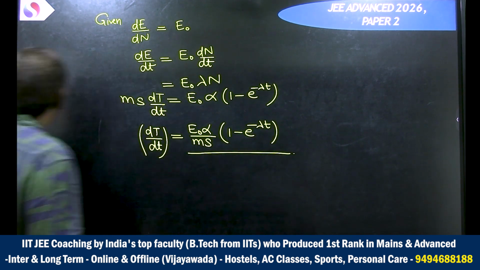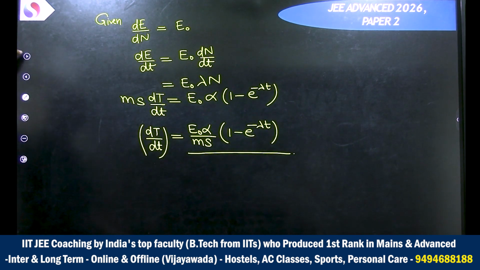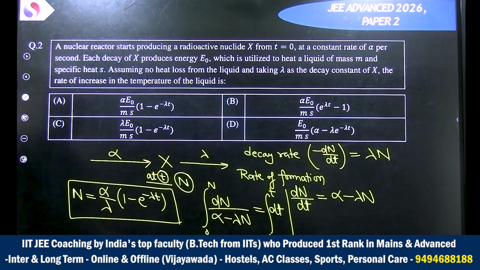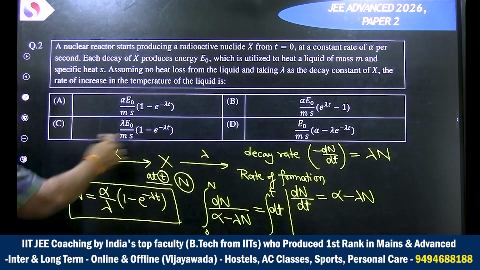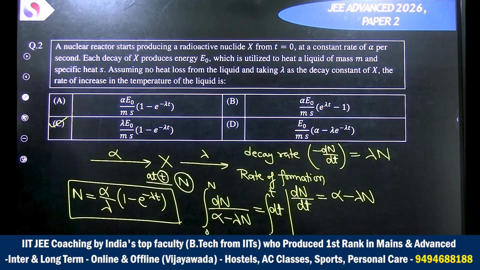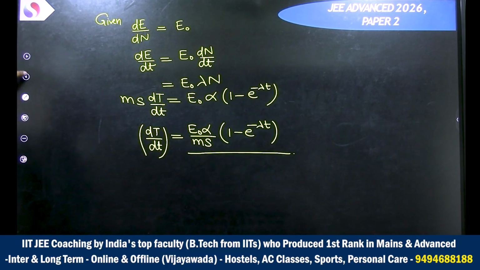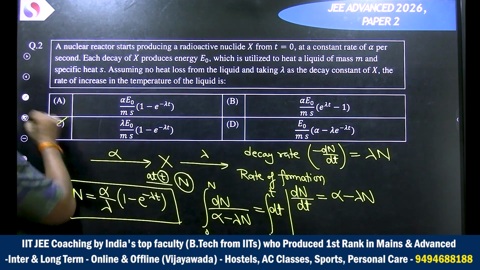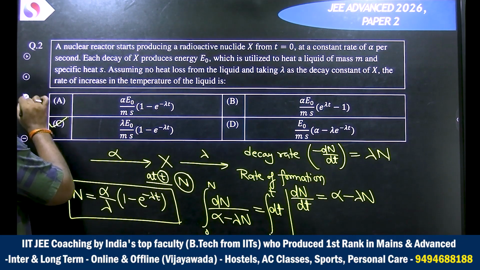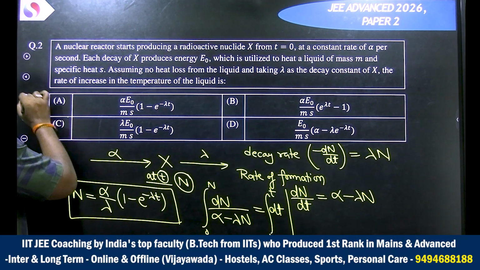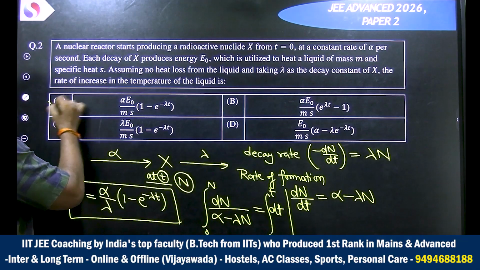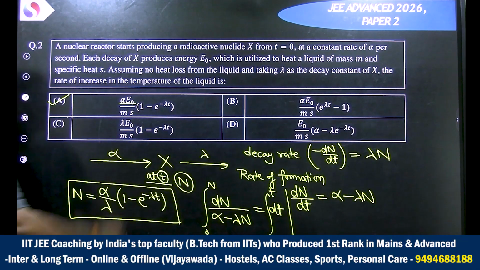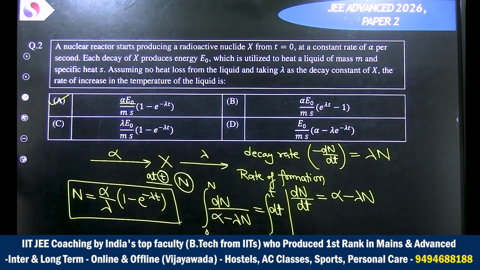All right, and which I suppose will be in the options as lambda E naught 1 minus, so it is option C. No, it is option A, alpha E naught. Okay, alpha E naught. So it's not option C, it is option A. Okay, alpha E naught by ms into 1 minus e to the power minus lambda t. I hope it is clear to everybody. Okay.